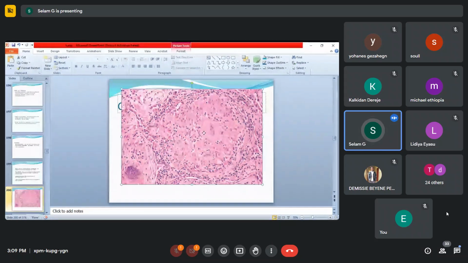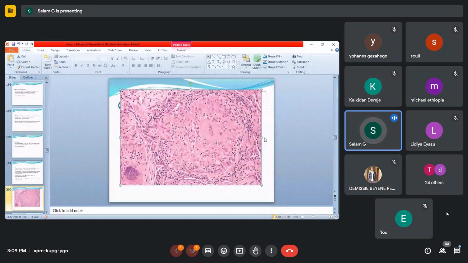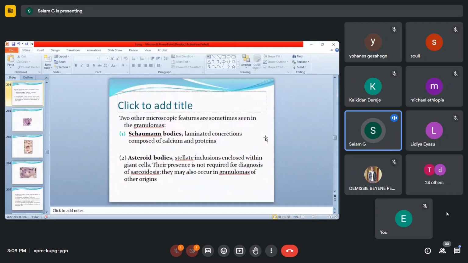In tuberculosis, you'll find a caseous necrosis in the center of the granuloma. Two other microscopic features which are sometimes seen in the granuloma are the Schaumann body, which is a laminated concretion composed of calcium and protein, and the asteroid body, which is a stellate inclusion enclosed within the giant cell.